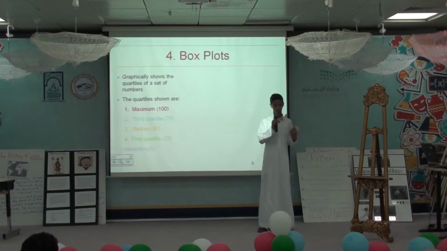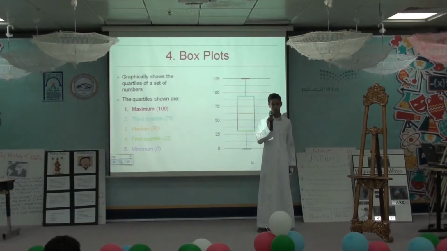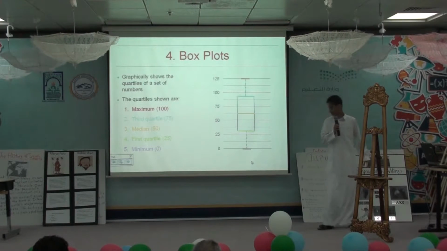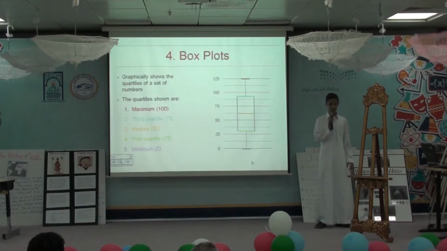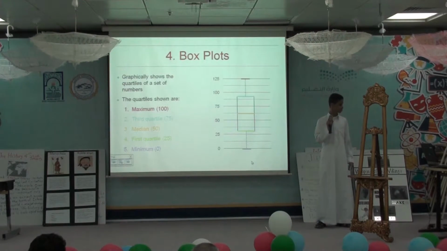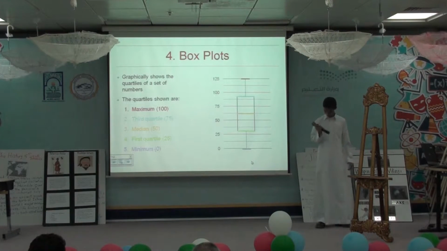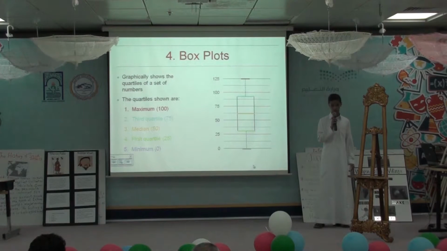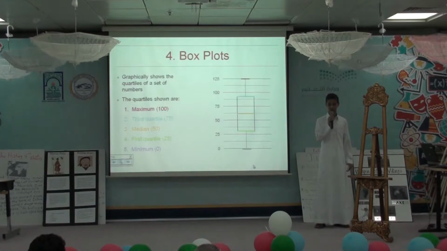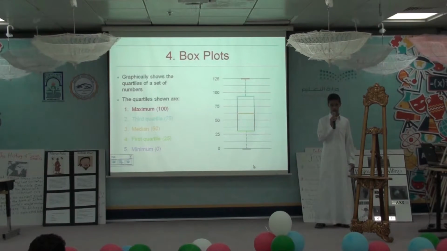For example, if you have a quantity that is 0, 1, and 2 till 100, the box plot will take 100 as the maximum, 75 as the third quartile, 50 as the median, 25 as the first quartile, and 0 as the minimum.